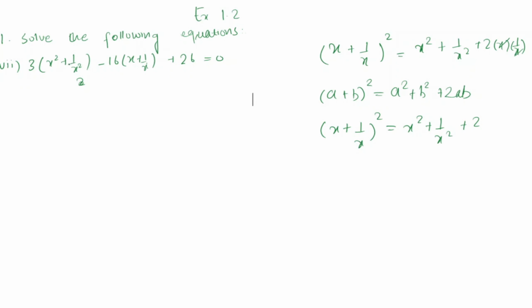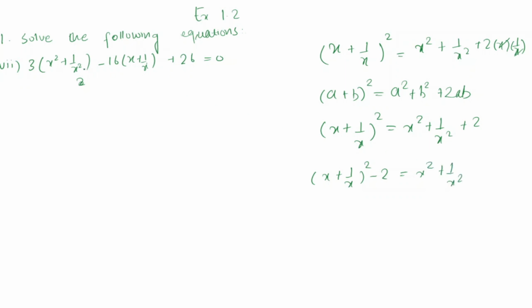Can I write x square plus 1 over x square in terms of x plus 1 over x? The answer is yes, I can, because here it is x square plus 1 over x square. If I shift this 2 to this side, I'm getting x plus 1 over x whole square, minus 2, equal to x square plus 1 over x square.